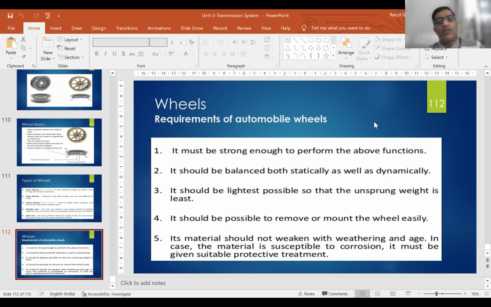The next unit of this automobile engineering is the steering system. So what is a prerequisite with respect to this unit?